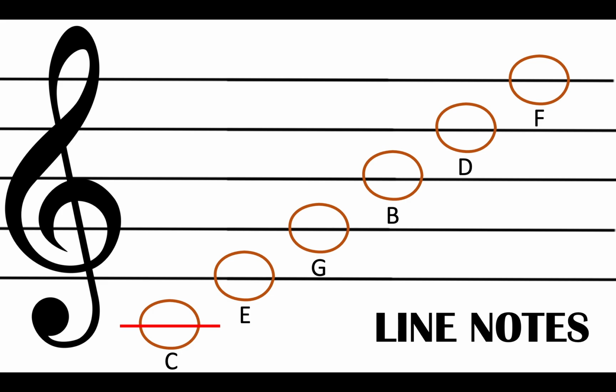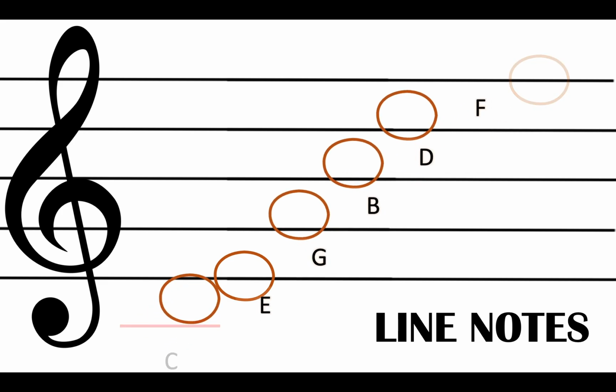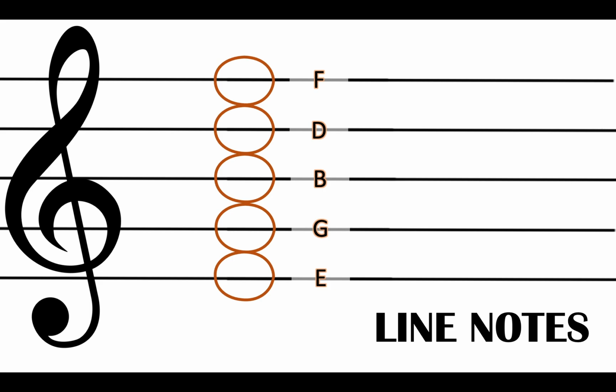Is there an easy way to remember them? Let's see. The 5 notes on the line spell E, G, B, D, F. Does it spell any word? Not quite, right? Well, what if we make it into a sentence?